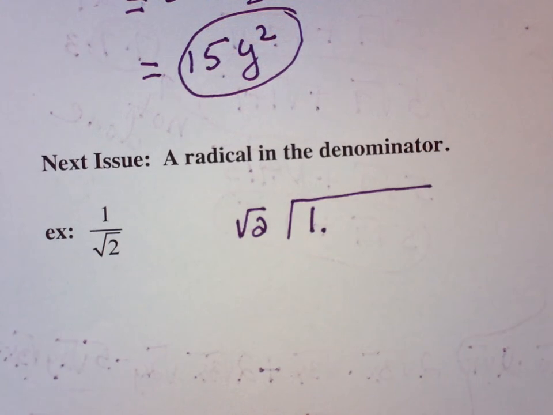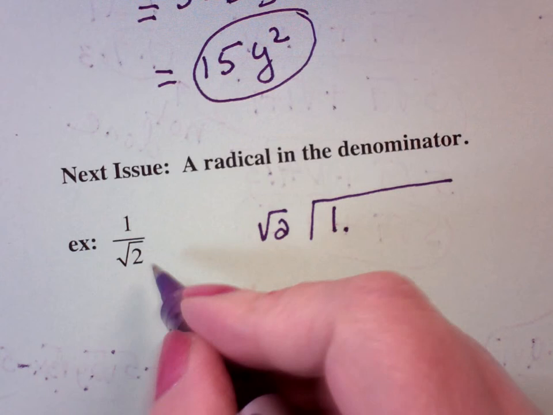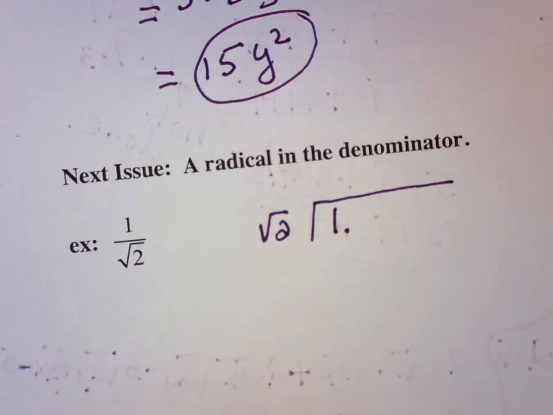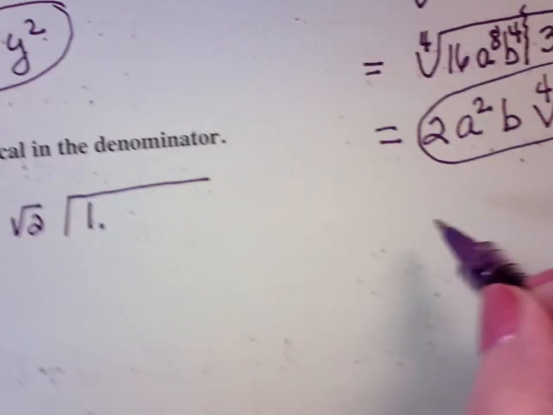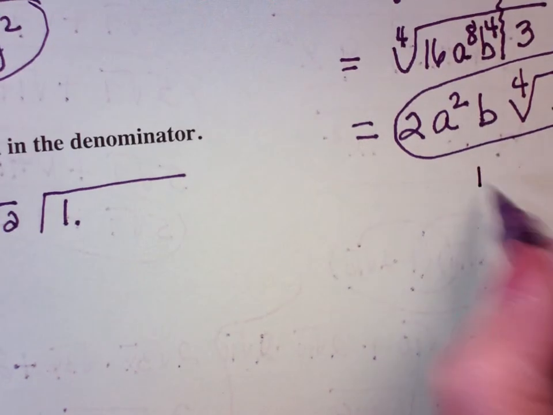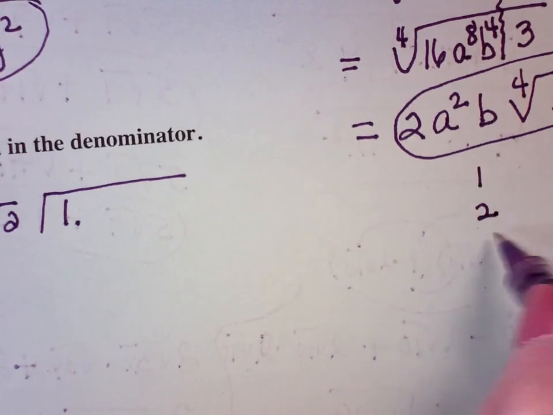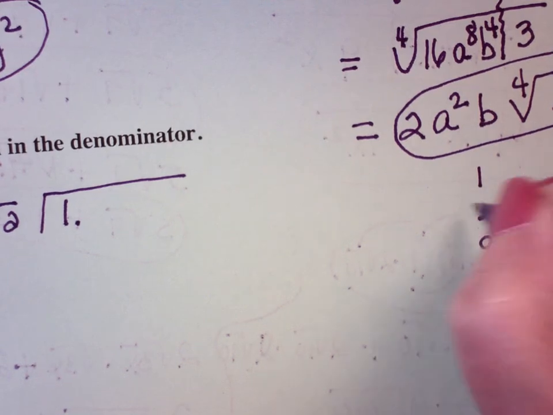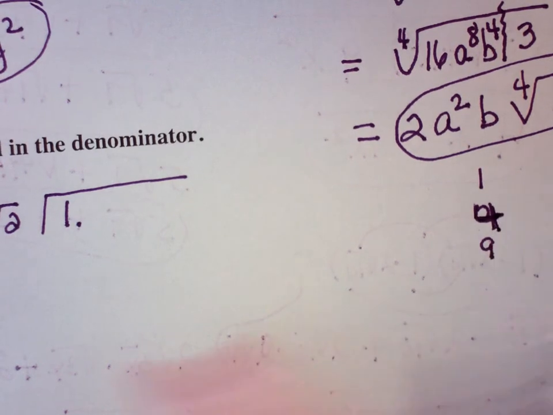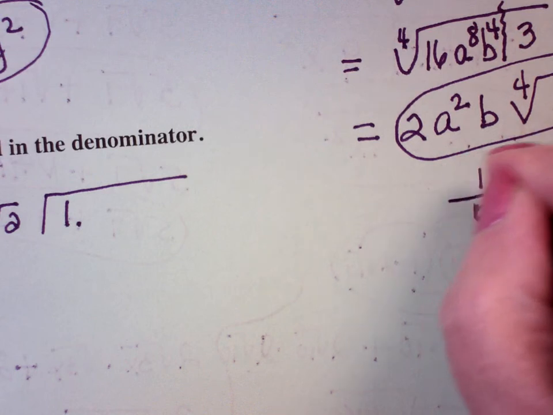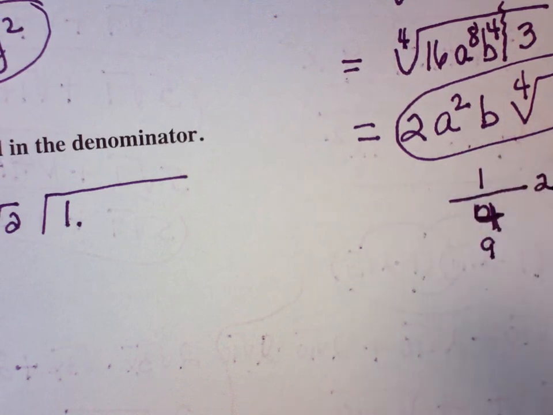So in other words, what you would do is that 2 is a square. My list of squares are 1, 4, 9, that's 3 squared, 4 squared, etc. If I am looking at the square root of 2, and 2 is a square, 2 is somewhere between 1 and 4.